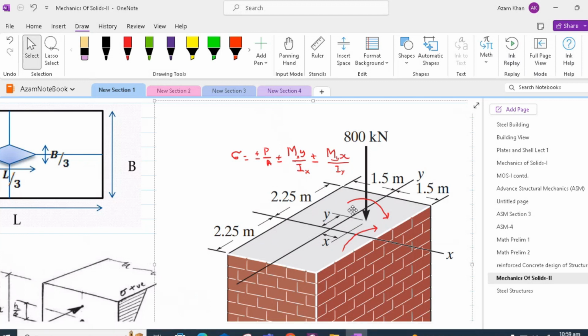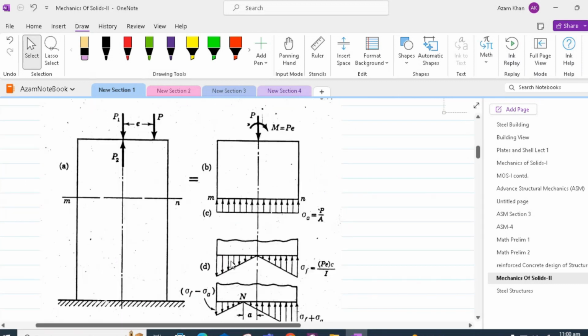Thus, one thing we can appreciate is that the quadrant which is diagonally opposite to the load application has a tendency of having tensile stresses. We will now try to derive an expression for that eccentricity E, which will ensure no tensile stress is developed within the cross section.